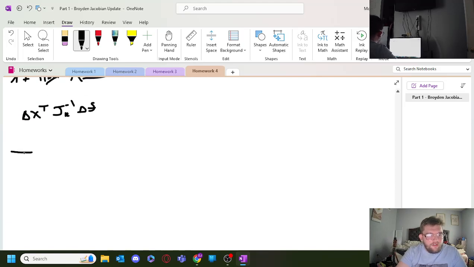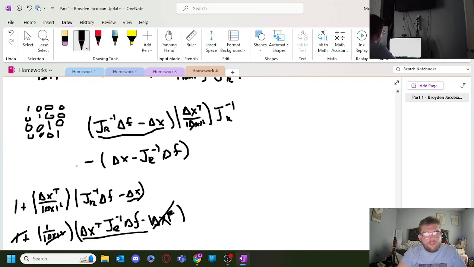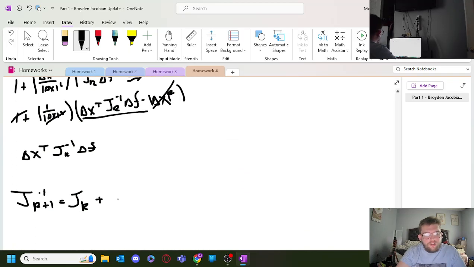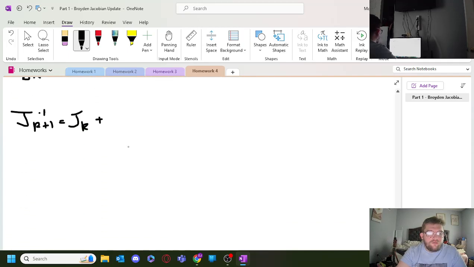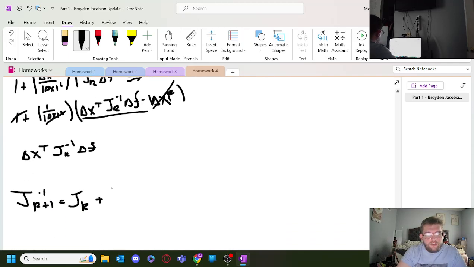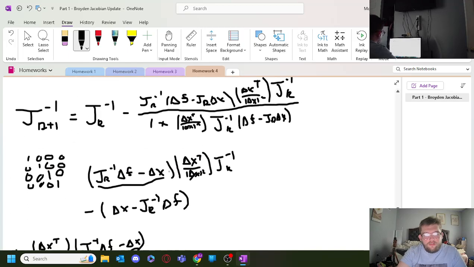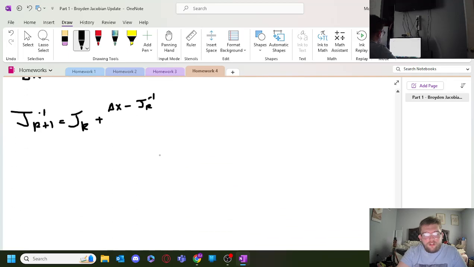So if we put that all together, we got J sub k plus 1 inverse equals the original Jacobian, add, because remember, we took a negative out here. So in the numerator, we got delta x minus original inverse Jacobian multiplied by change in f.